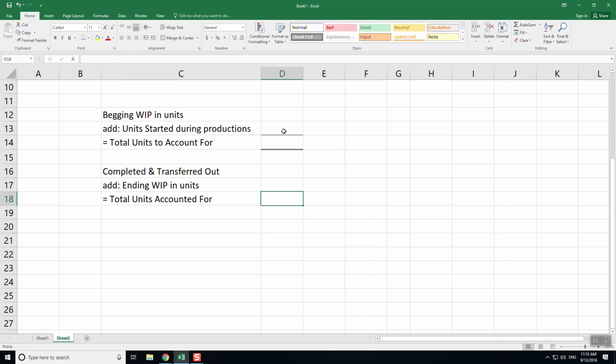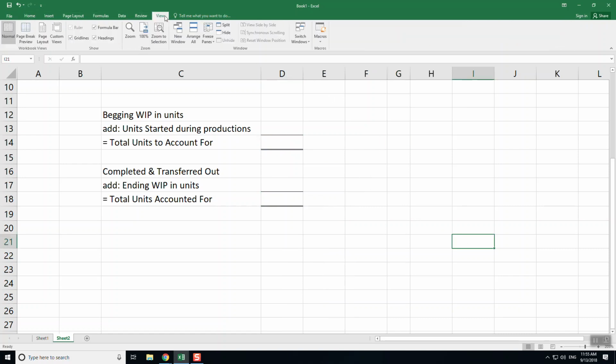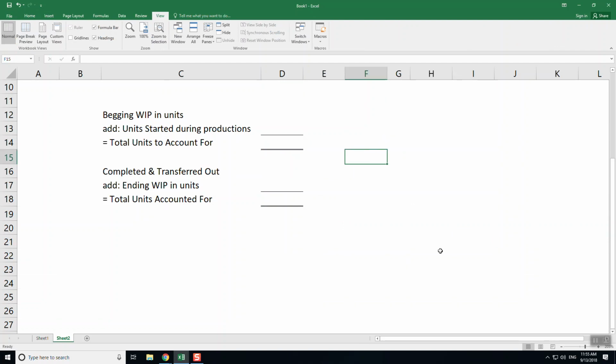So that's how you would initially set it up. And the thing is, they need to equal. So this amount that you come up with here needs to equal that amount.